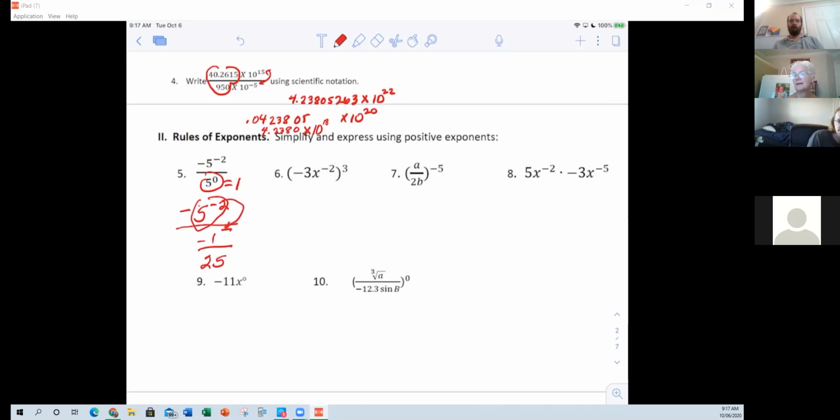That's right. The square does not go. I'm really happy with that, Elliot, because every single one of these has something about them that someone would miss. A lot of people would write that as 1/25 because they'd want to square that -5 as well. But the negative is not included with the exponent because there's no parentheses. So you did that exactly right. Awesome.